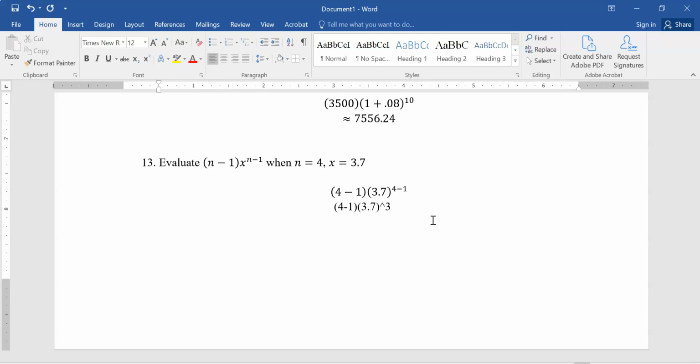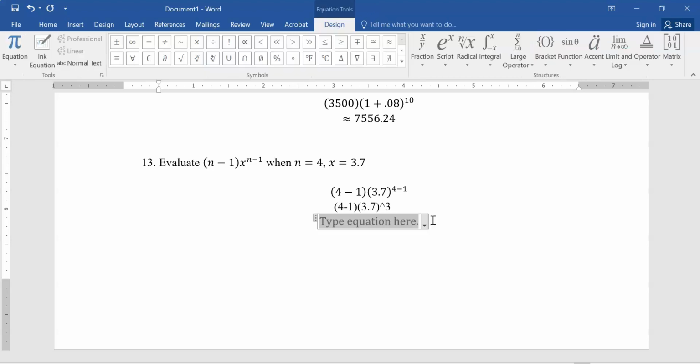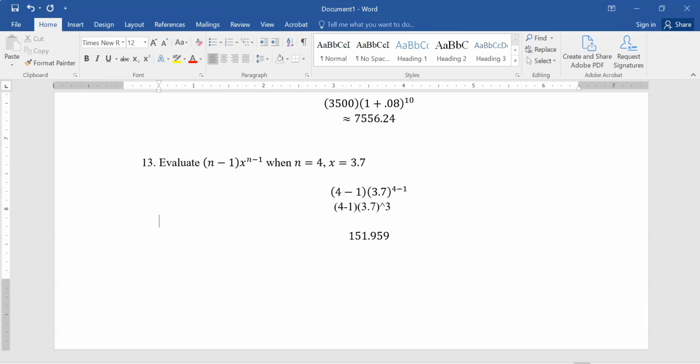All right, so 4 minus 1 times 3.7 to the 3rd power. So if you do that, what you're going to end up with is 151.959. And that's the final answer to question 13.